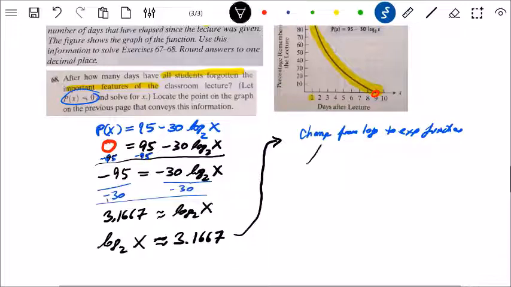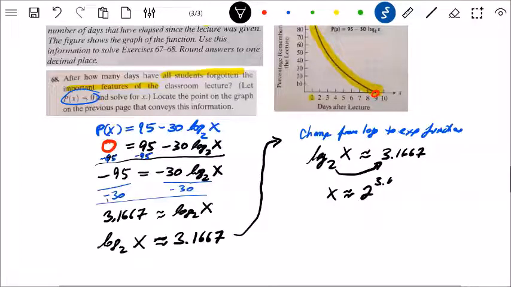So here we have log base 2 of X is approximately 3.1667. We're going to bring the 2 over here, and the 3 point so on is going to become the exponent. So X is approximately 2 to the 3.1667. And you put that in the calculator, and that's going to be that X is approximately 9 days.